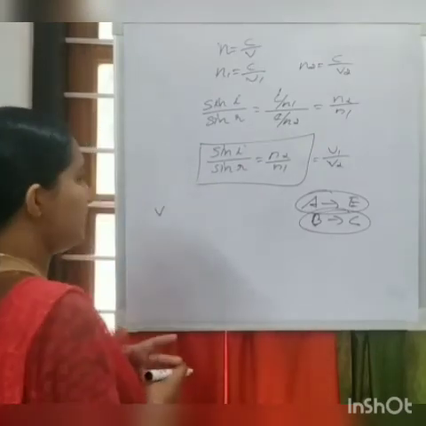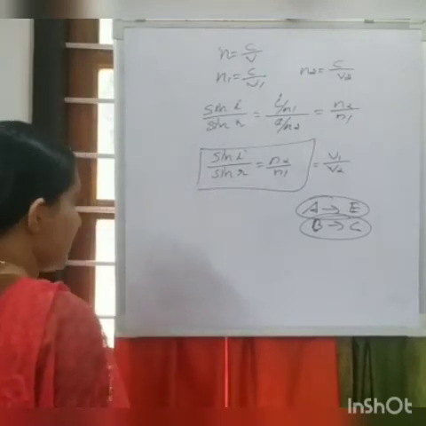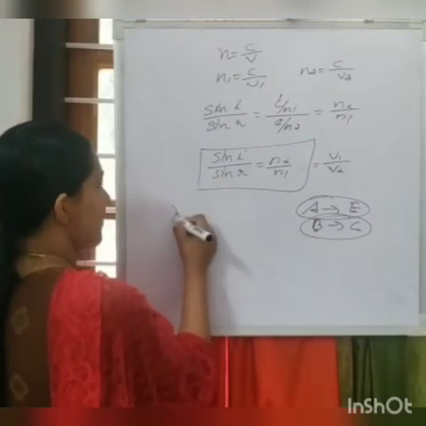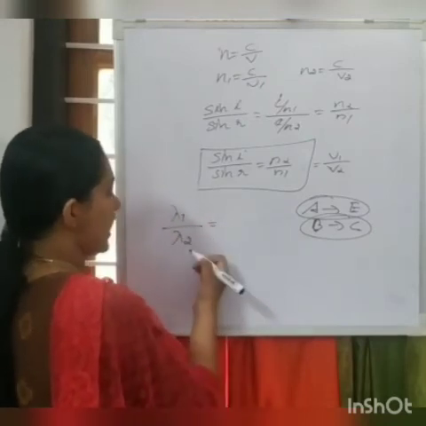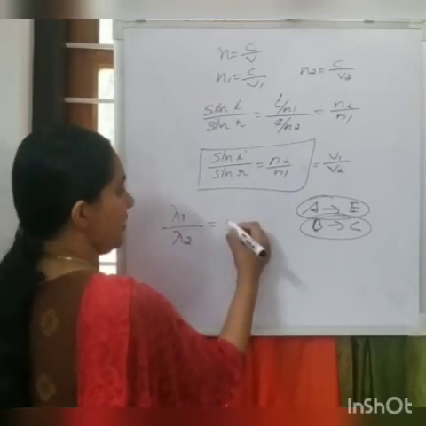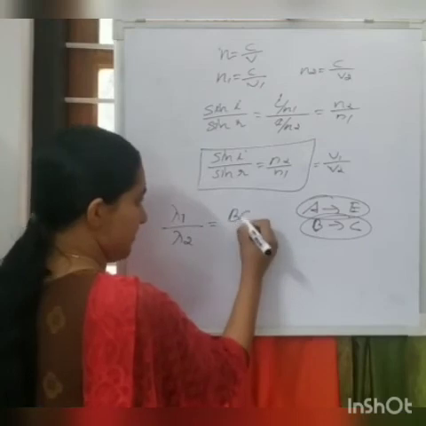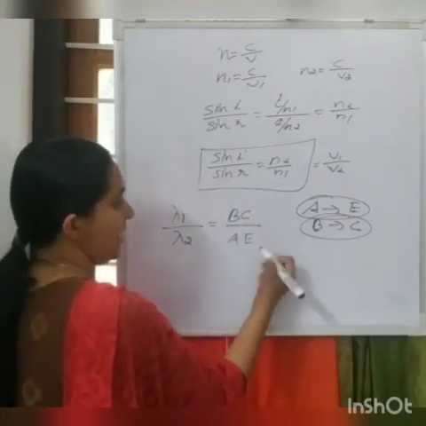Okay. So now lambda 1 by lambda 2, the ratio between the wavelengths, will be equal to lambda 1, that is in the first medium, BC, divided by lambda 2, that is in the second medium, AE, isn't it?